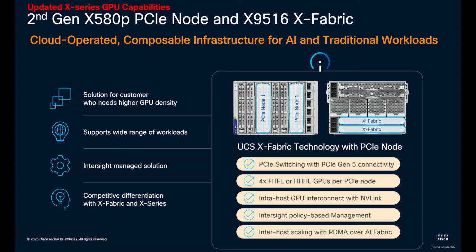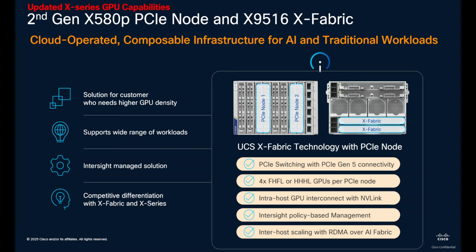It's just faster, and that's probably not much of a surprise. In addition, I pointed out that the X440P was a single wide node. In this diagram, and I'm using my mouse to show where I'm talking about, you'll notice that the X580P is now a double wide node, and that just means that it can accommodate newer, larger, faster GPUs, essentially.